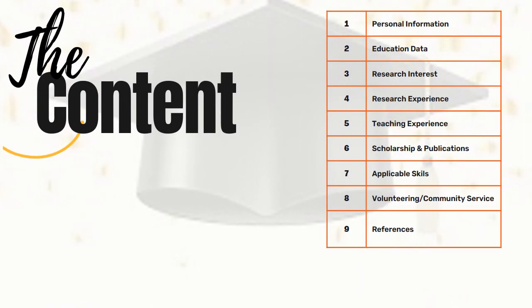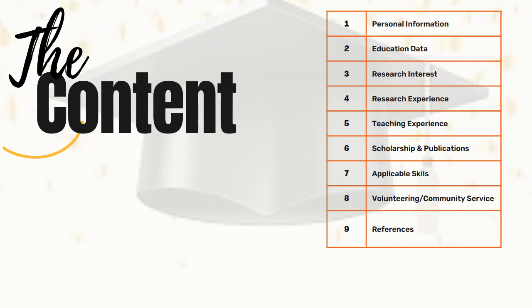One, have personal information where you state your name, your latest degree, and what you're seeking. Two, you should have education data. Three, research interest. Four, your research experience. Five, teaching experience. Six, scholarship and publication.